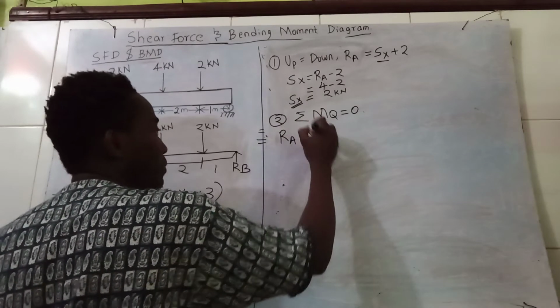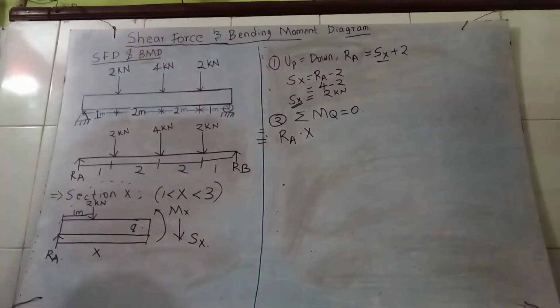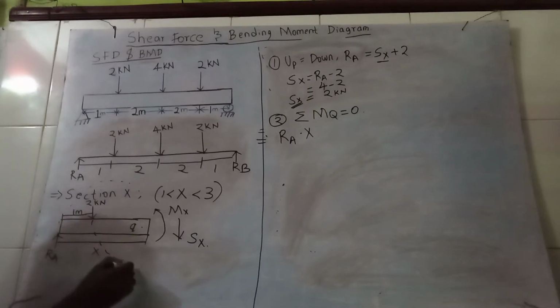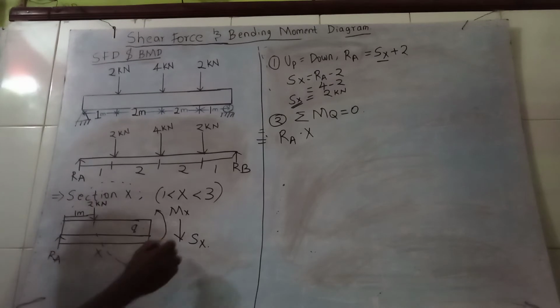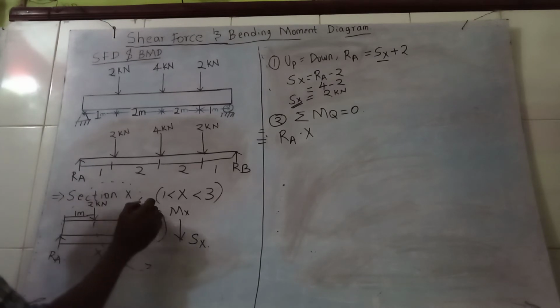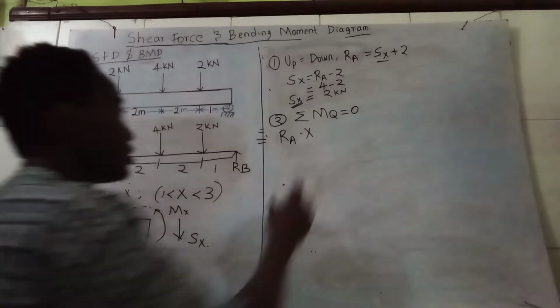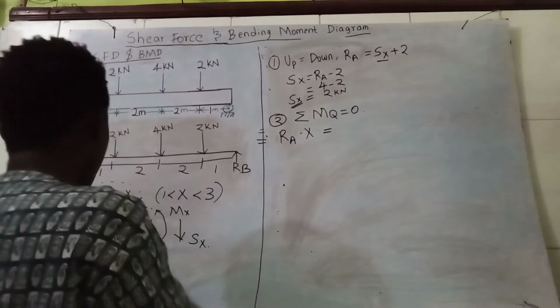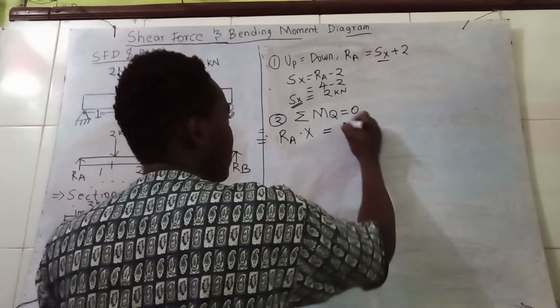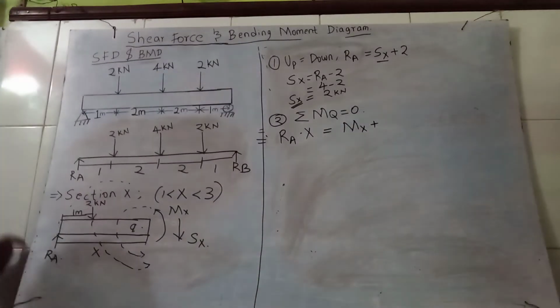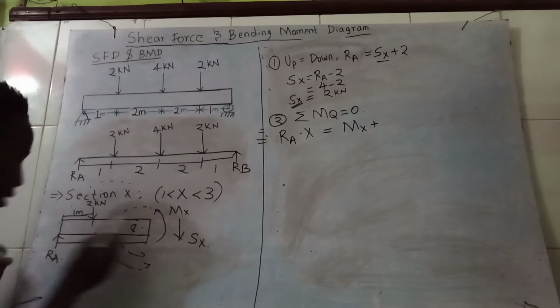The 2 kilonewtons is heading in the other direction, anti-clockwise. Then Mx is also heading in that direction, anti-clockwise.